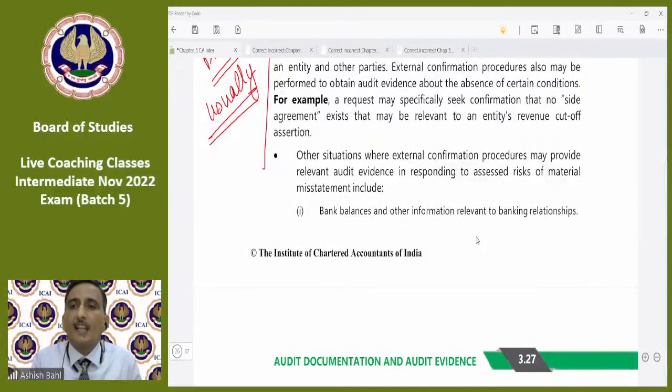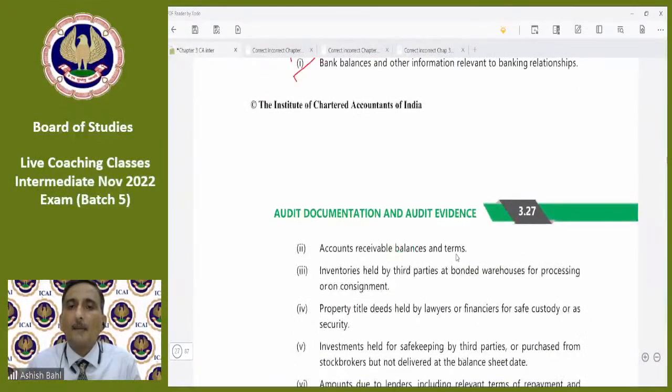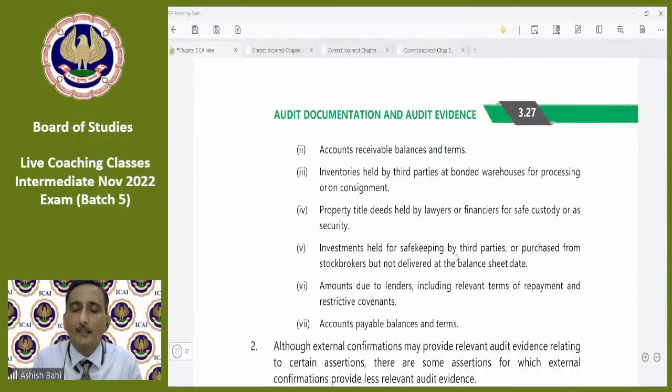There are certain examples given here when external confirmation procedures may provide relevant audit evidence to the auditor, like bank balances. When the auditor wants to check the bank balances, account receivable, debtor balances, this we have discussed, and terms also.